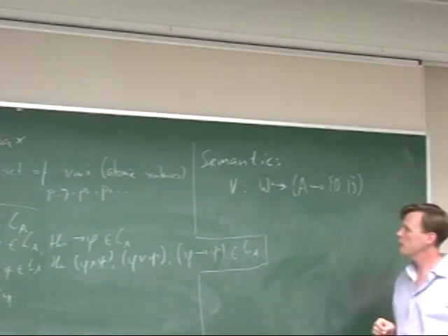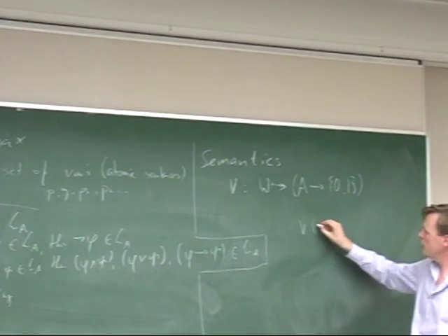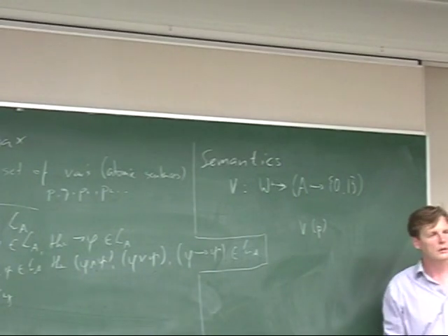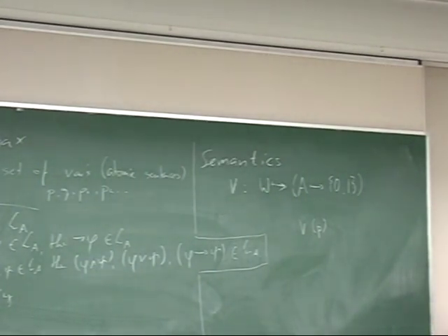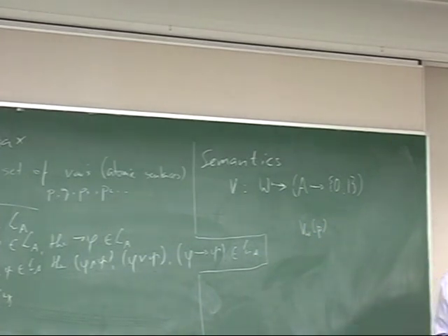So where before we said things like V of P is 1 or 0, now we have to say which V we mean, the one of world 1 or world 2, right? So for some given world W, we write VW of P as such and such. That's the only change. That's all.